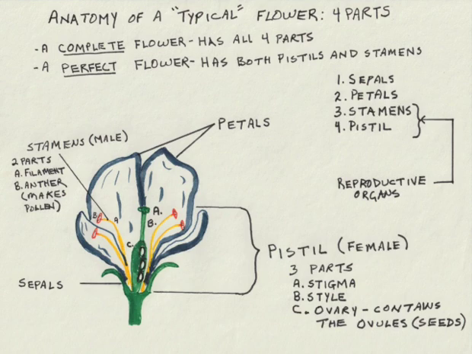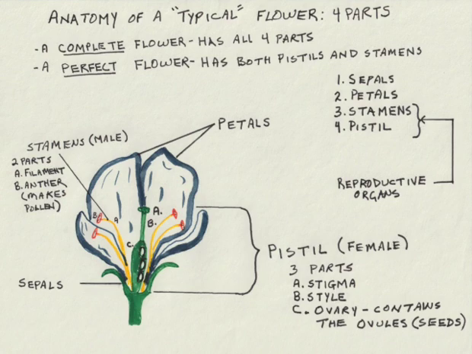The male structure is called the stamen, and it has two parts: the filament, which is actually the stalk, and then the anther. And the anther is what produces the pollen. If you have allergies, blame it all on the anther. They are the pollen producing structures of a male reproductive organ of a plant. And again, if you're looking at a dichotomous key, it'll tell you what the anther may look like.